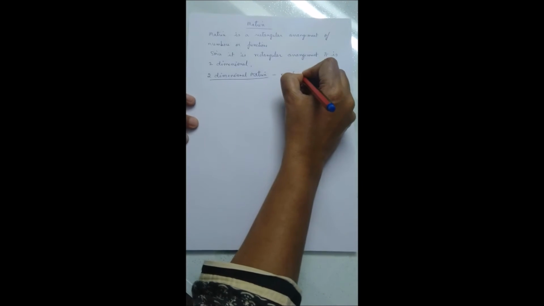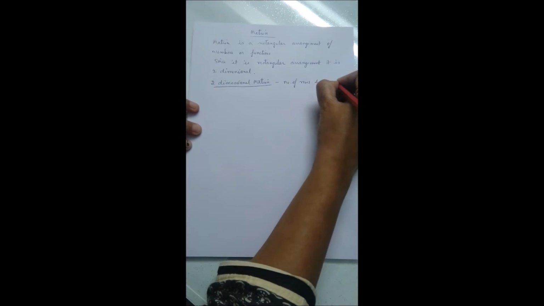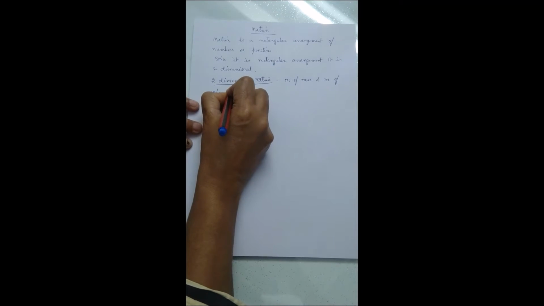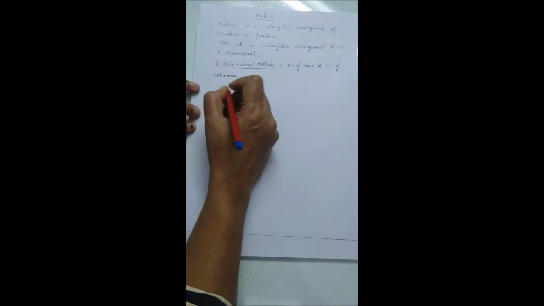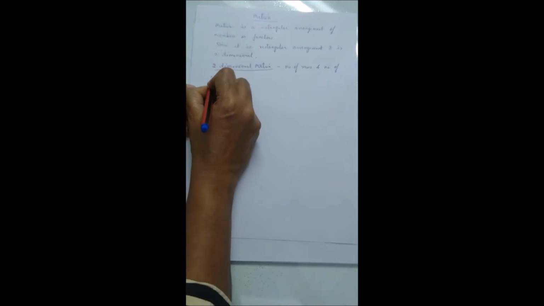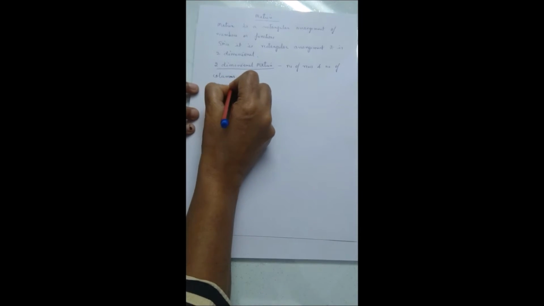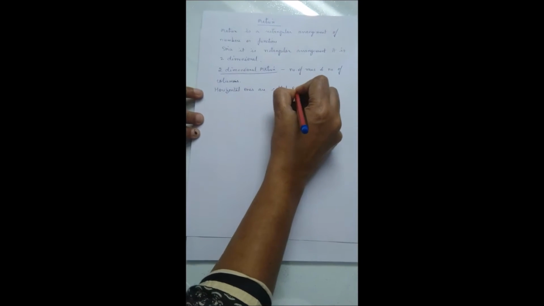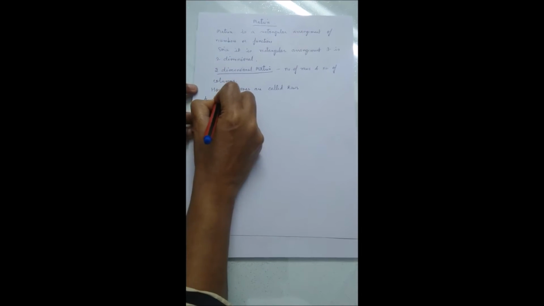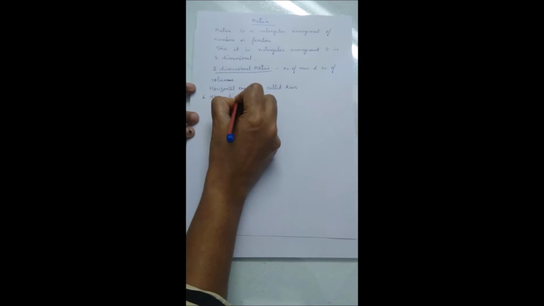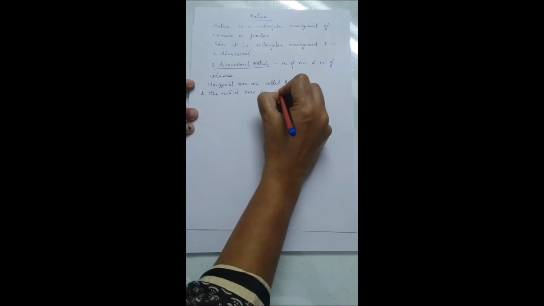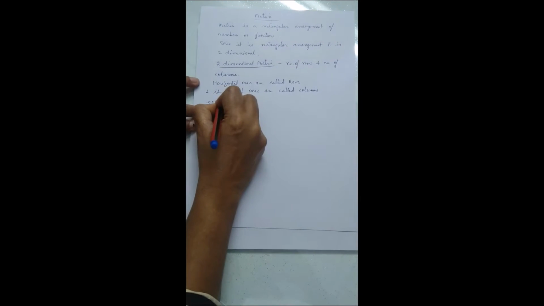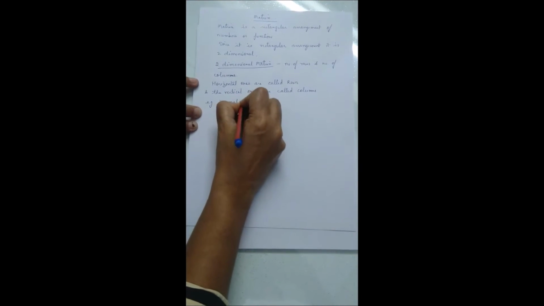The horizontal ones are called rows and the vertical ones are called columns.